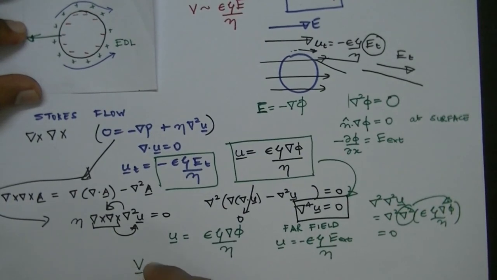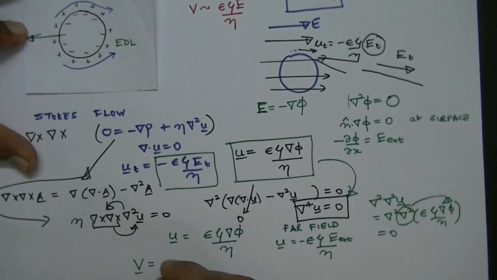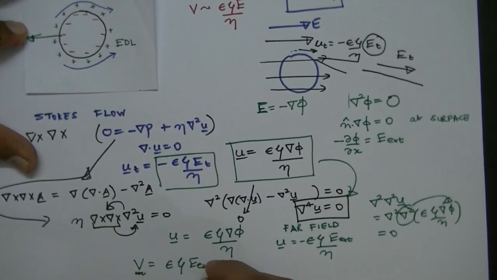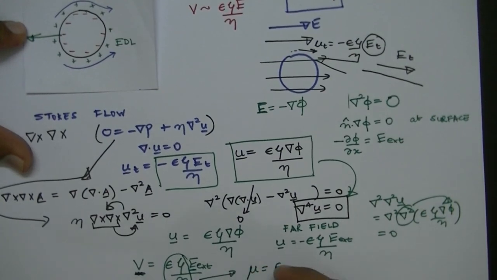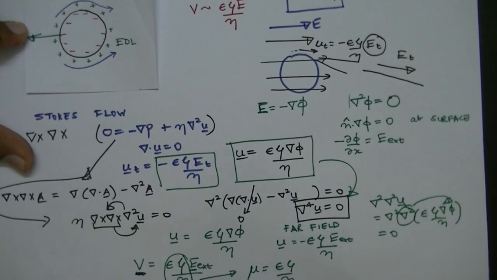So the particle speed with respect to the external electric field is given by this term. So the mobility is the proportionality constant, and therefore the mobility is epsilon zeta over eta.